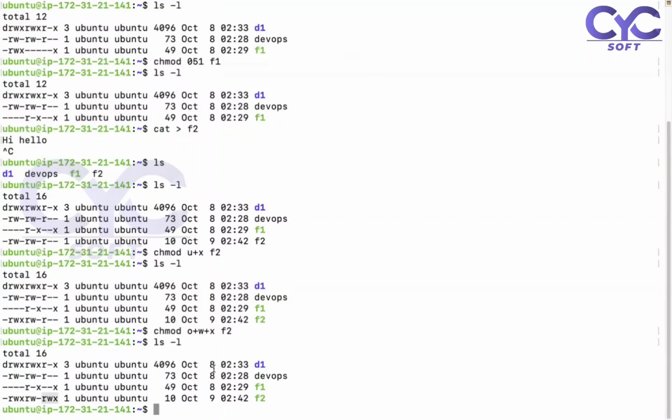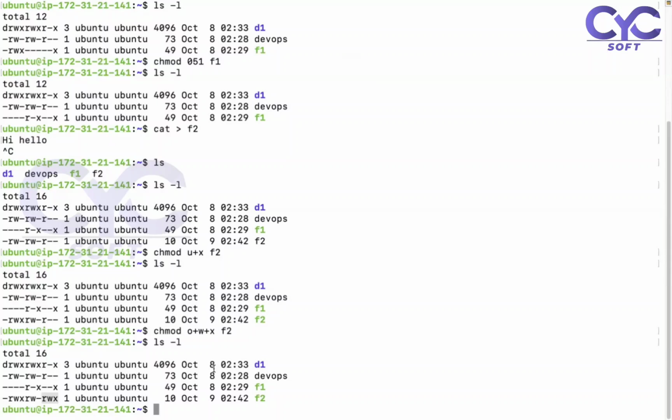This is how we work with permissions for single characters, but how do we work with multiple characters? This is very important. Suppose I want to remove the write permission in owner, remove the write permission in group, and remove the write and execute permissions in others.